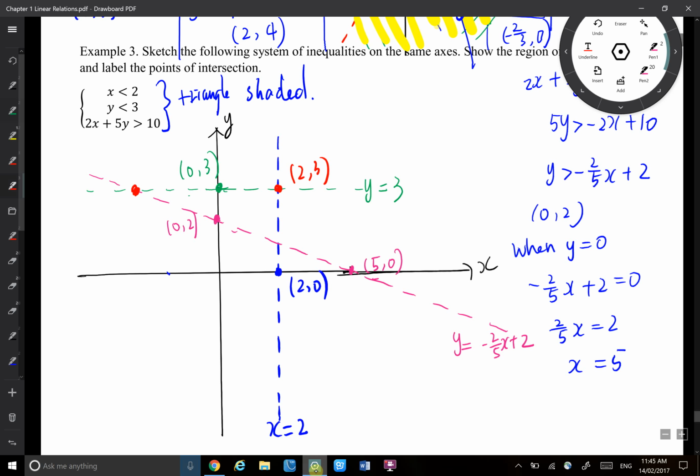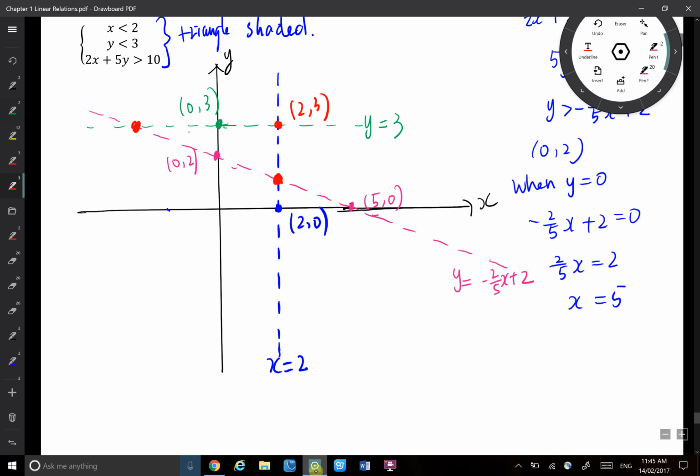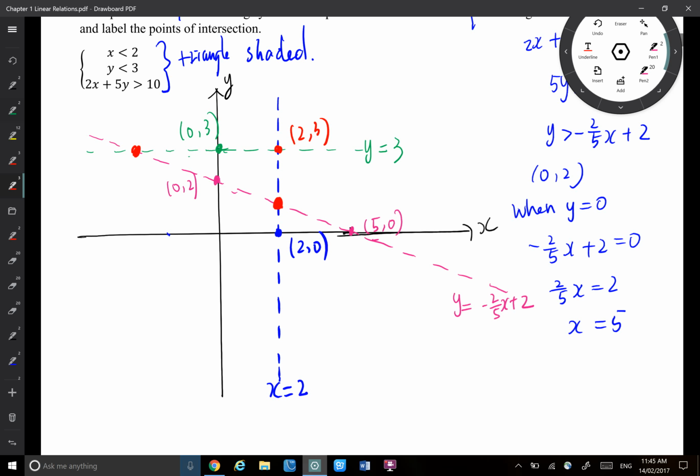It intersects with this point and intersects with this point. So how can we find the points of intersection? Okay, for this dot, it is when x equals 2. It intersects with x equals 2, right? So we substitute x equals 2 into y equals -2 on 5x plus 2.